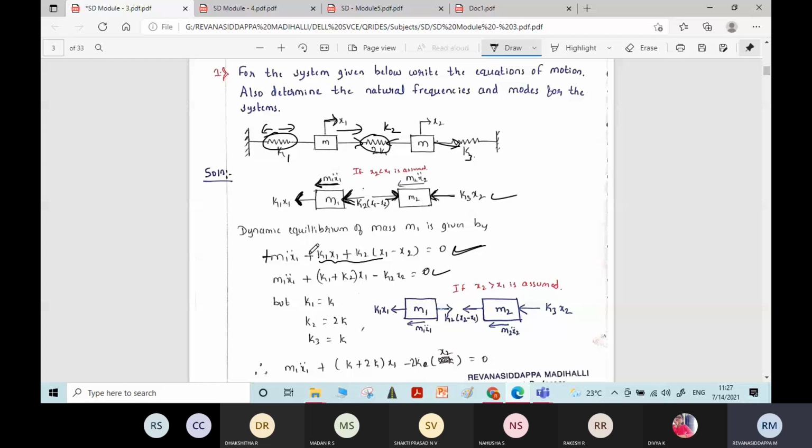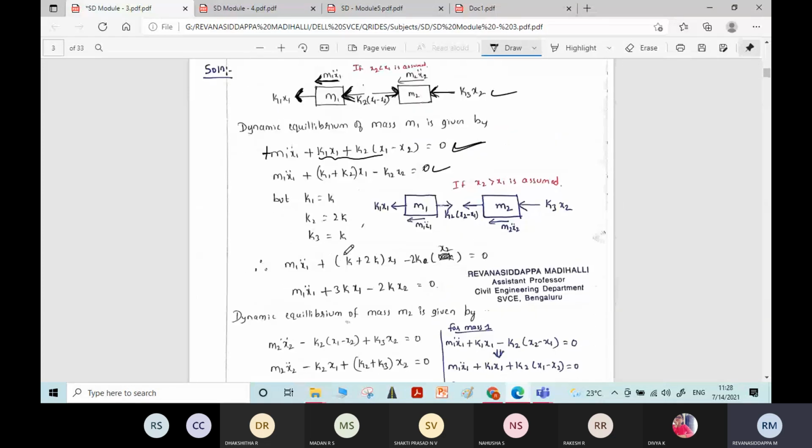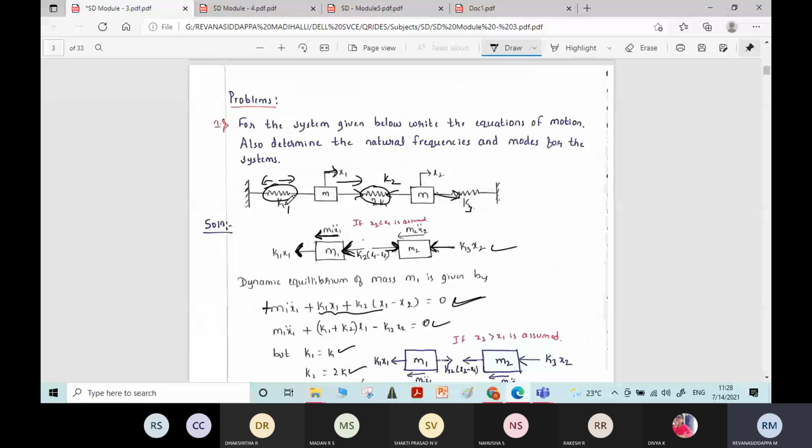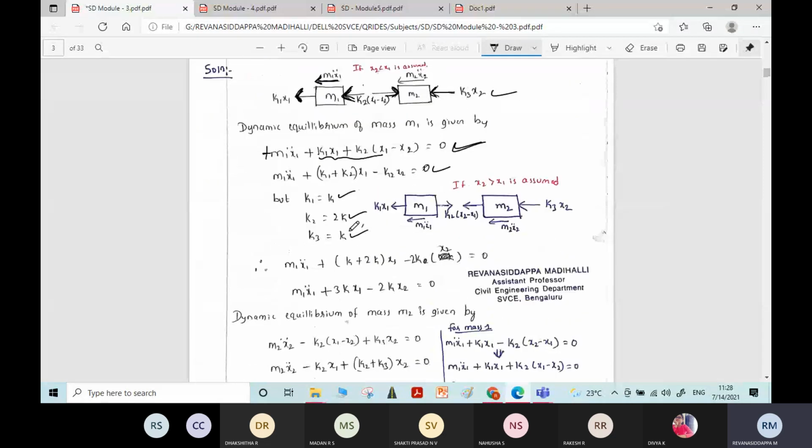Now k1 is equal to k, k2 is equal to 2k, k3 is equal to k. It is given in the problem. That I have written, and substituted. Finally, I got this equation.